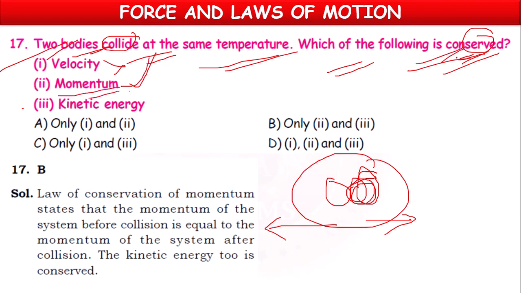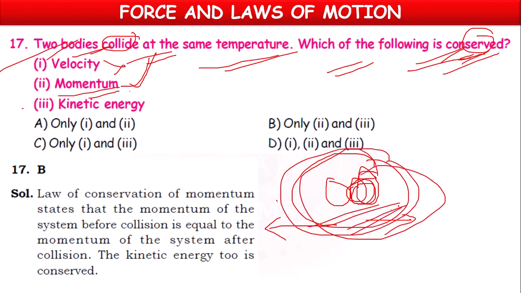Momentum is conserved. So not only momentum, total kinetic energy before collision, total kinetic energy after collision. Kinetic energy means half mv square.